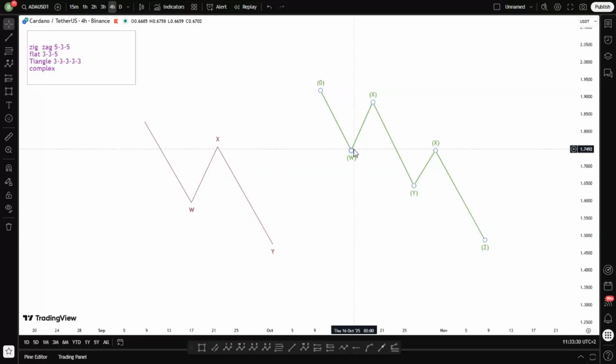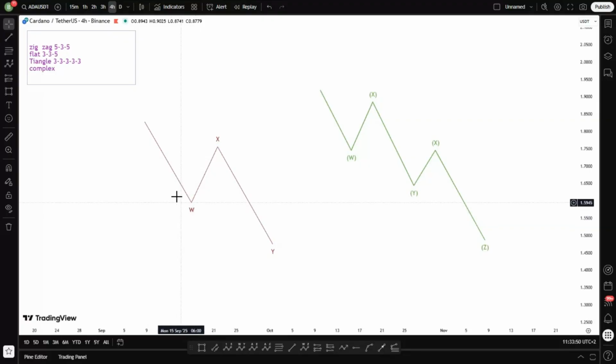And then again, W, X, Y, X, Z, the very same thing. In this situation, when we see W, X, and Y, we know that Y will never form the same pattern as X. We need to see a variety there.